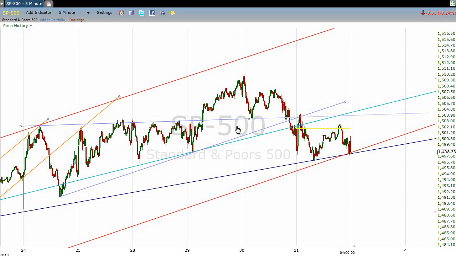Once again, showing that this horizontal line of this triangle is something that has clear technical significance. You could see it was resistance in the market for a solid 3 days, got above it, bounced yesterday, tried to bounce again yesterday, but now that it's below it, it served as resistance today.